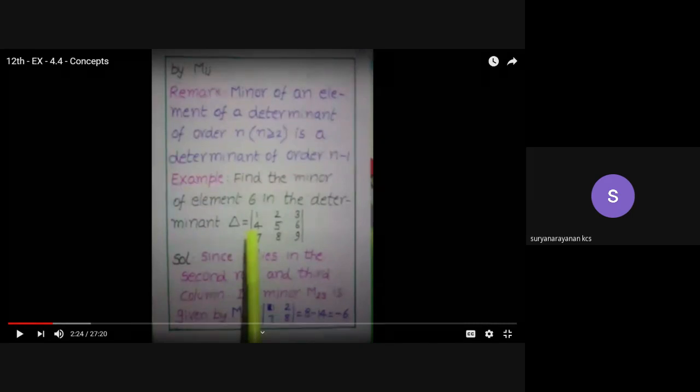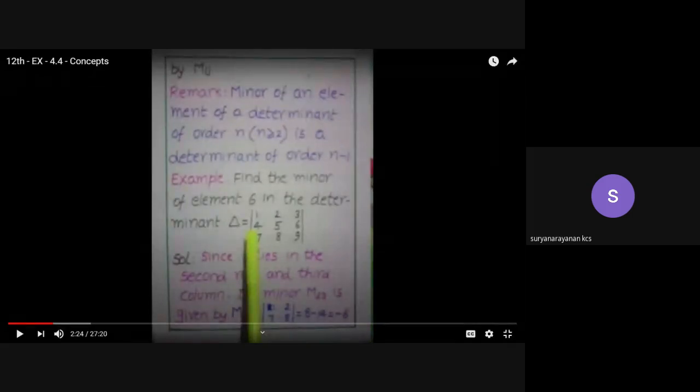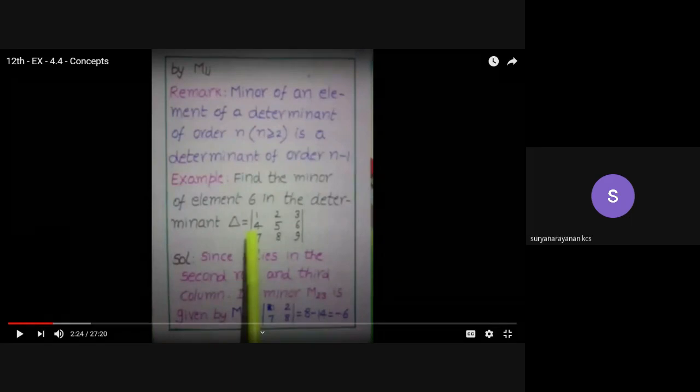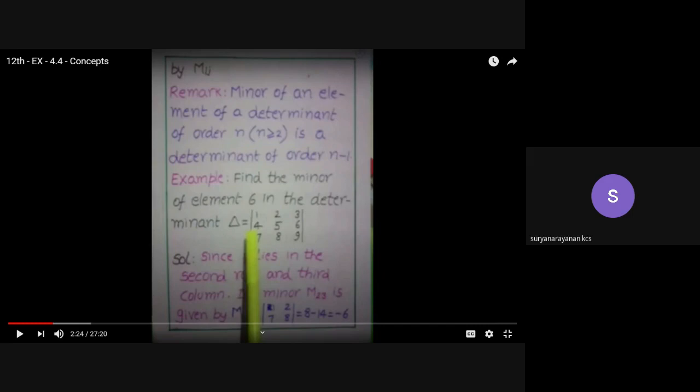Very good. Likewise, these are basic points. My dear children, these are basic points. Without knowing the position of an element in the given determinant or matrix, we can't do further steps. Okay, my dear children? Right.